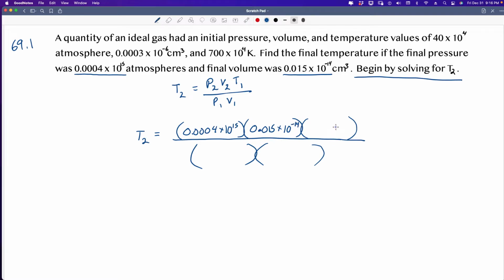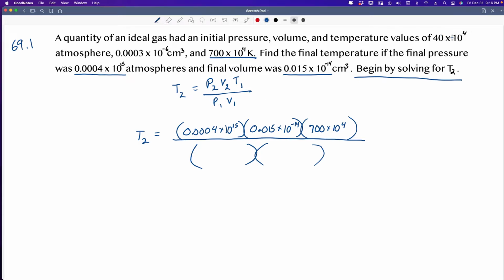Now original temperature is right here. So the original temperature was this. Pressure, volume, temperature, pressure, volume, temperature. So we put the original temperature, 700 times 10 to the 4, right here. Now we've got the top part done. Now to the bottom part, we need the original pressure.